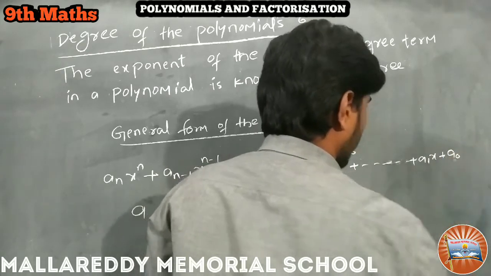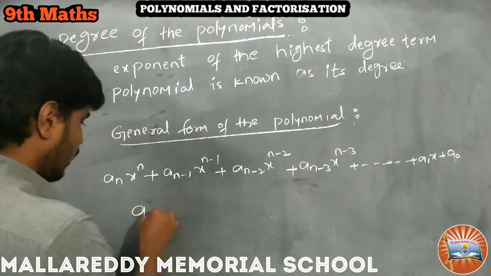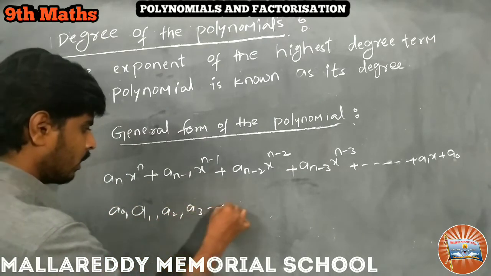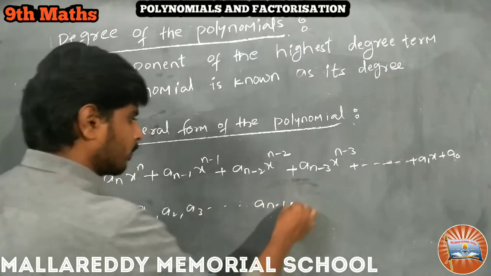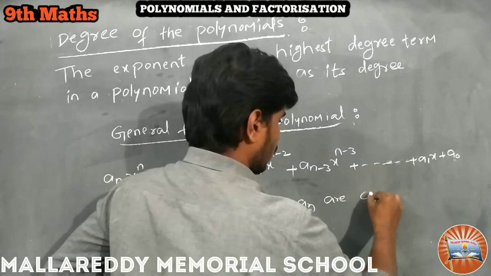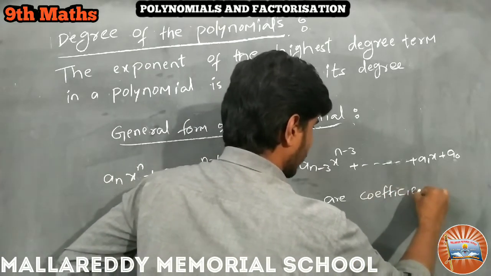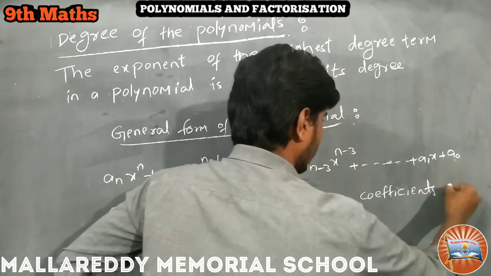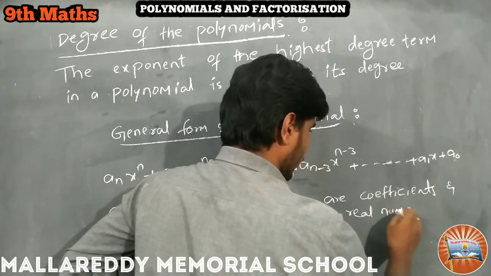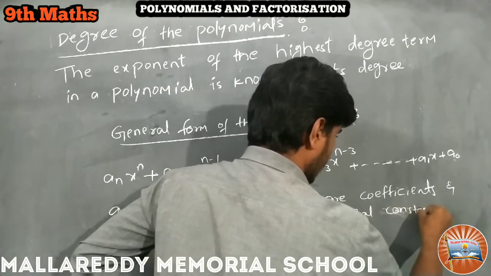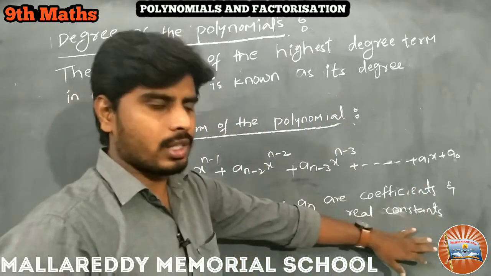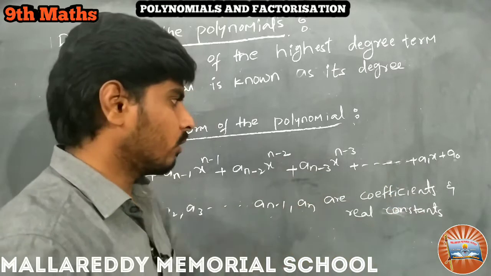Here a naught, a1, a2, a3, so on, an minus 1, an are the coefficients and real numbers, real constants. They are called coefficients and they are real constants. We can take any real number for a coefficient.